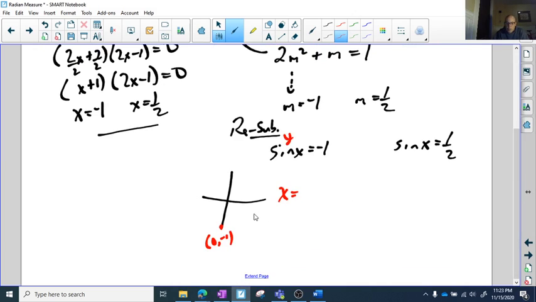It's in radians, so it wants angles in radians. This angle in radians, positive, would be 3 pi over 2, which is equivalent to 270. And then you could add 2 pi, so 2 pi would be 4 pi over 2, plus 3 pi over 2. That's 7 pi over 2. Those would be the only angles from that one.